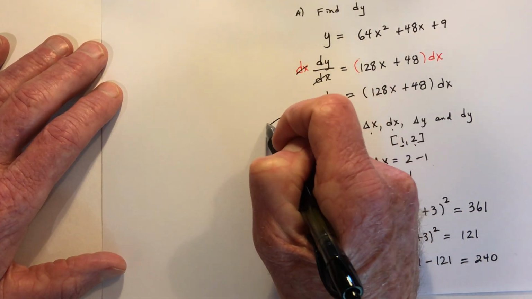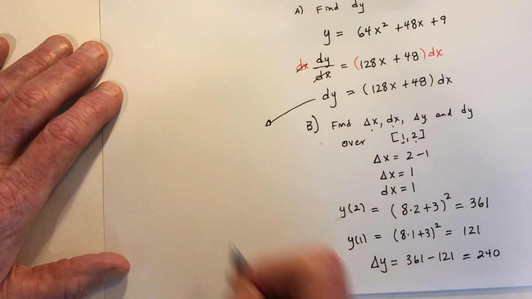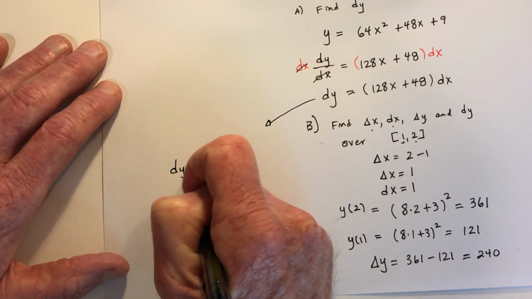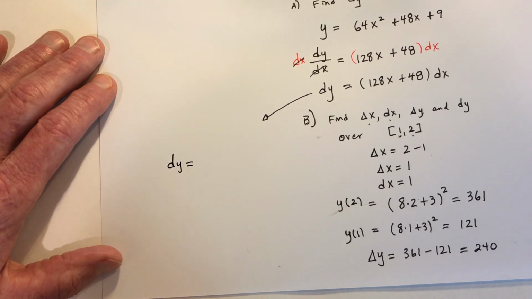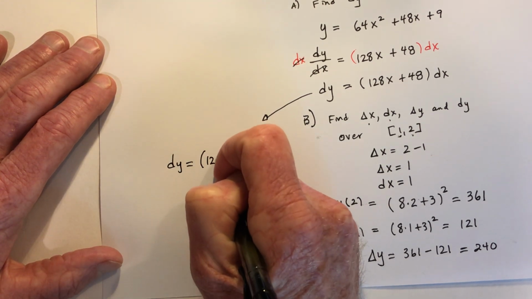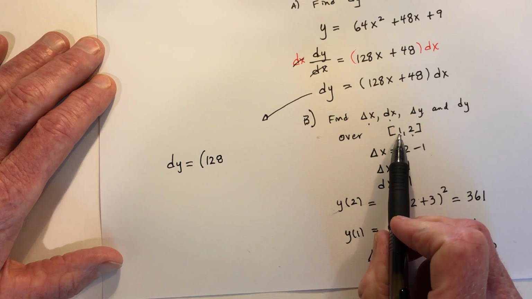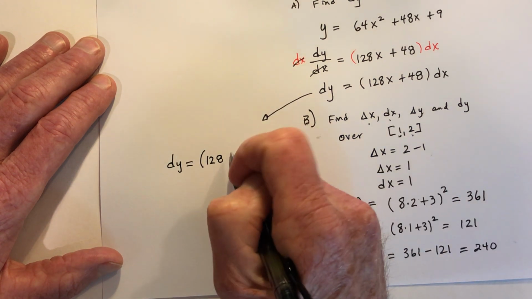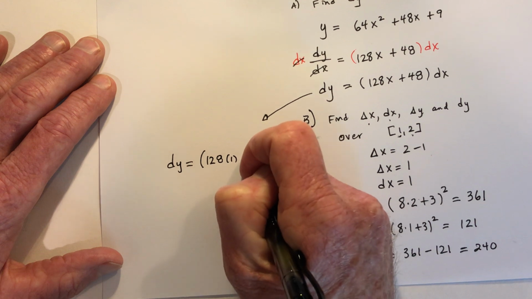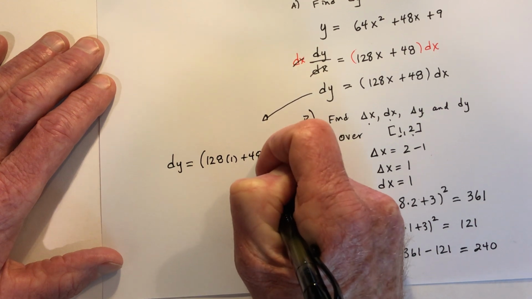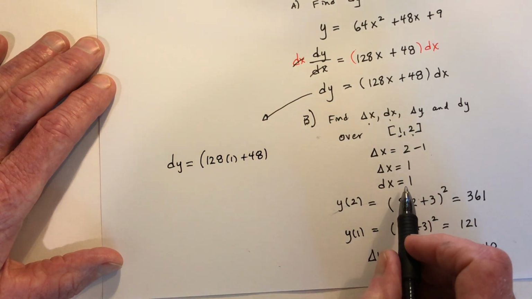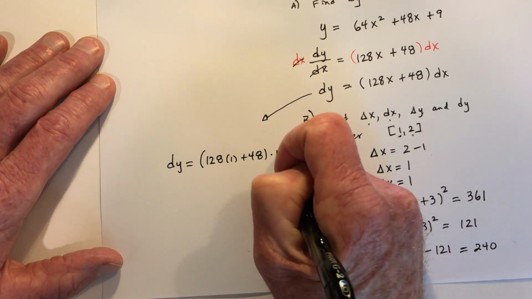So basically just use this part, and then dy will equal 128, and you always start with the first number. So plug in a 1 for x. And then it said plus 48. And then the dx is a 1, so multiply by 1.